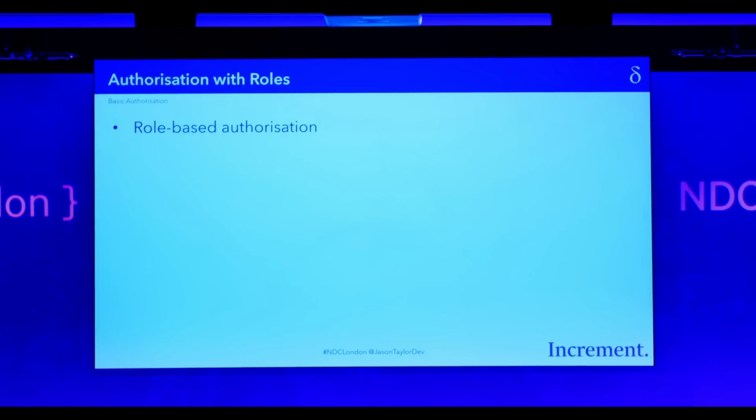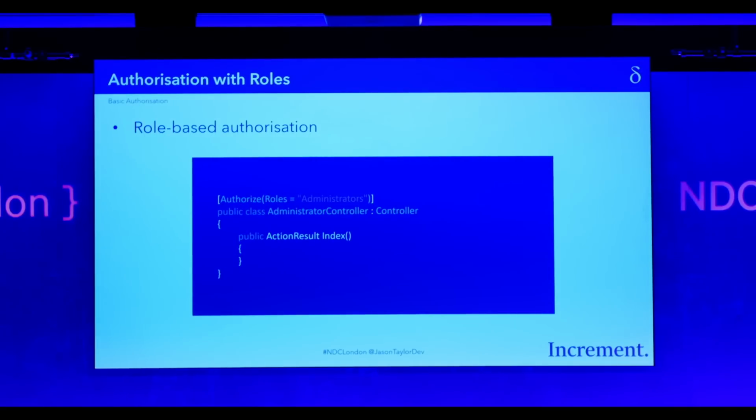ASP.NET Core also supports role-based authorization. In this example, we've used that same authorized attribute to specify the role of administrators to access the actions within the administrator's controller. So that means an authenticated user just needs to be in the administrator's role. Next up, we've specified two roles, administrators and accounts. Now this actually means or, so you have to be an authenticated user and you need to be in either the administrator's role or the accounts role.